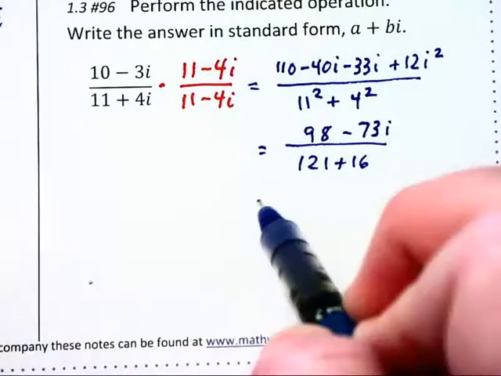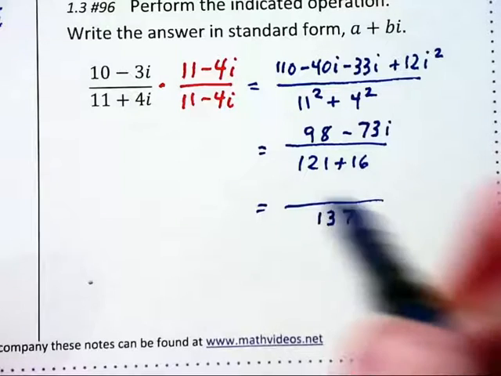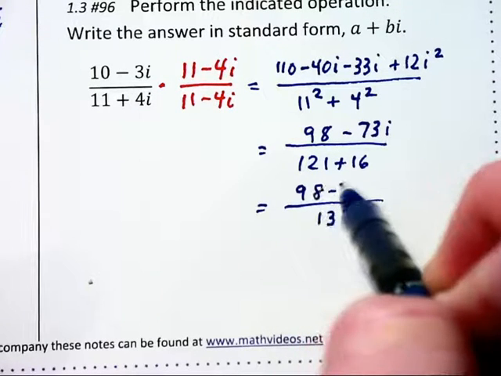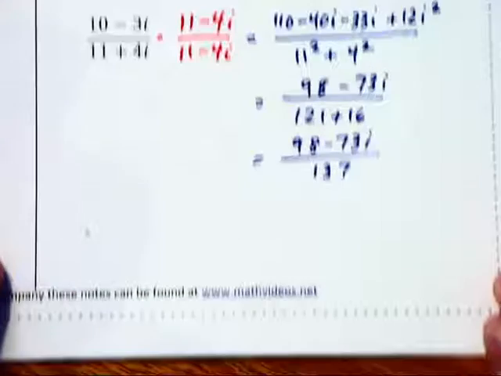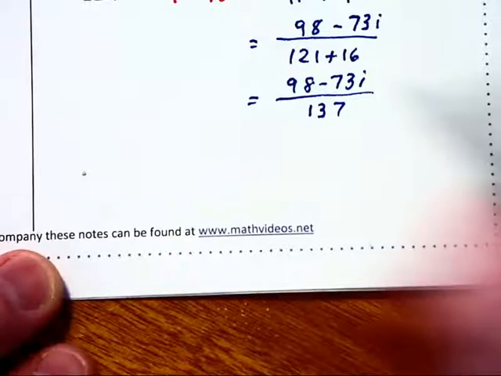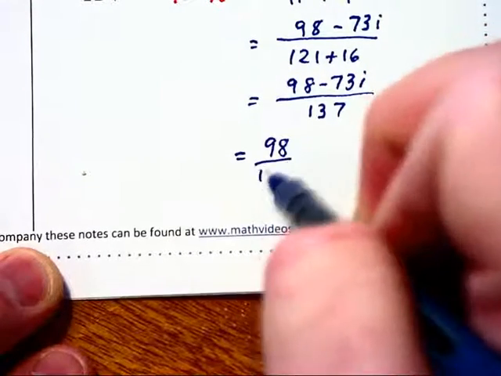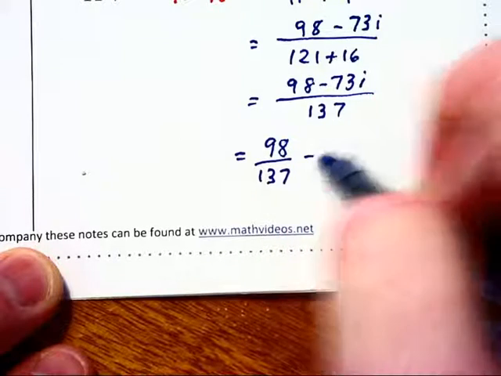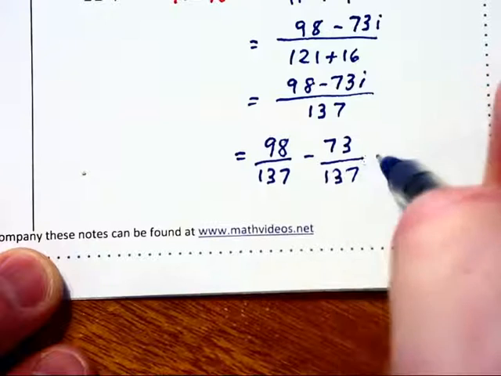When we combine over this denominator of 137, we now have 98 minus 73i over 137. Technically that's not correct because it's not in a plus bi form, so I want to rewrite this as 98 over 137 minus 73 over 137i.